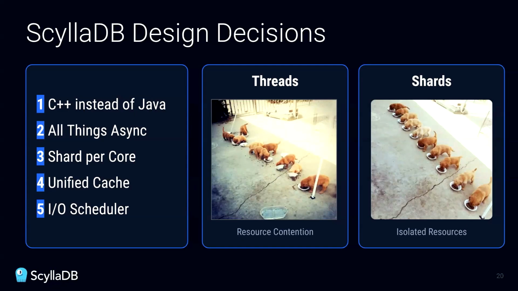If I translate that to databases, it means that the performance is worse. There is contention. There might be a lot of context switching, so it hurts performance. So that's one design decision of ScyllaDB. Another is that it's written in C++. Like I said, everything works asynchronously, and it works very close to the hardware.